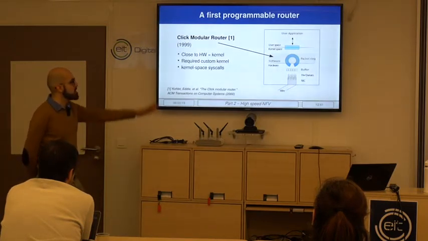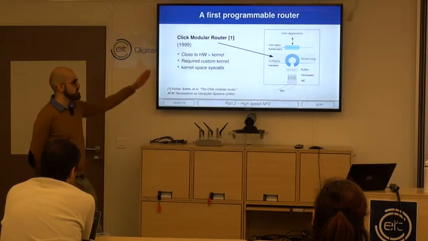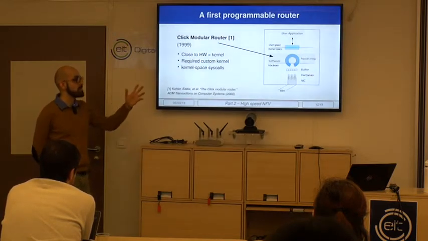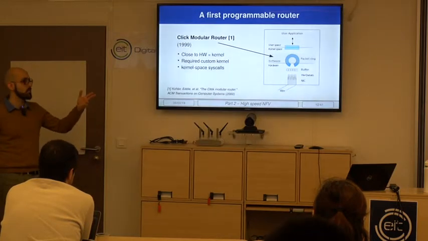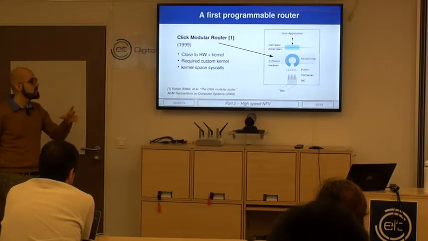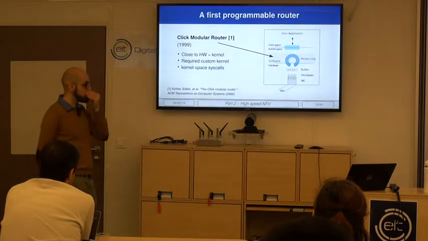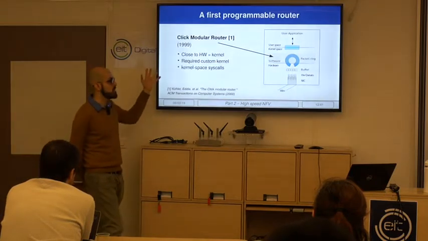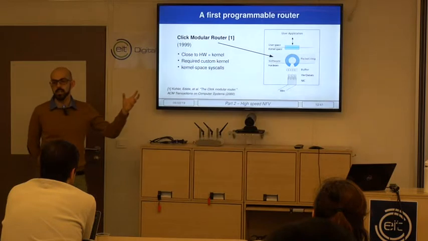In fact, here on the right side, you see that there is a first separation between hardware and software, but even within software, we have a further separation. That is, we have the kernel space and the user space. So the Click modular router was developed in kernel space.